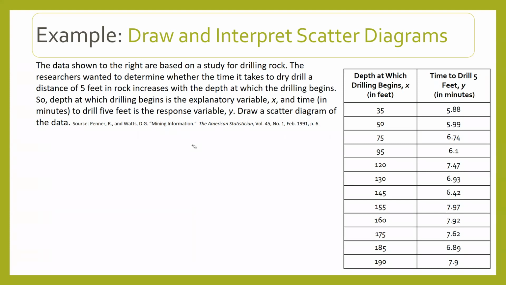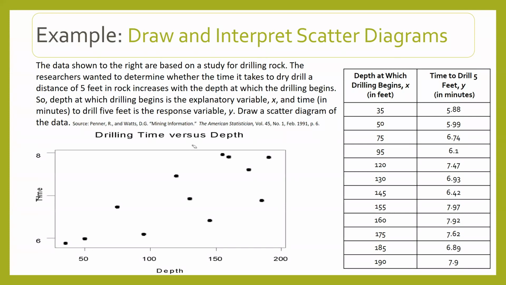So what we need to do is to draw a scatter diagram of the data. And if you use Excel, that will give you something like this. So this is the way a scatter diagram looks. The first point here corresponds to when X is 35, the time is 5.88 minutes. So that's why we have something close to 35 all the way to something close to 6.